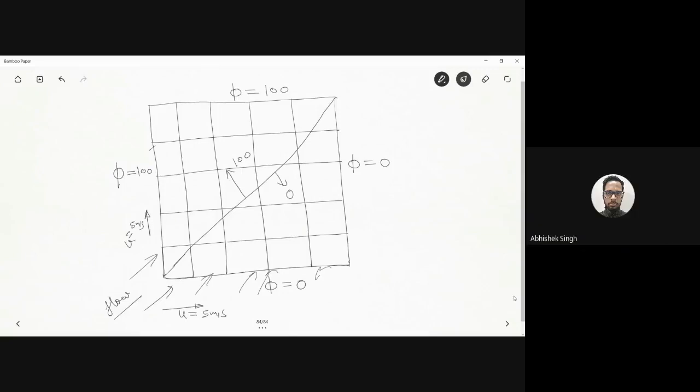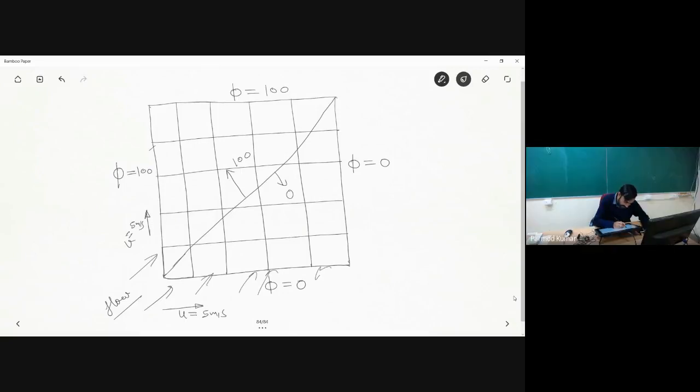Yes, sir. Now let me consider that I have taken another diagonal, and say this diagonal is A dash. I want to plot the variation of phi along this direction A dash.